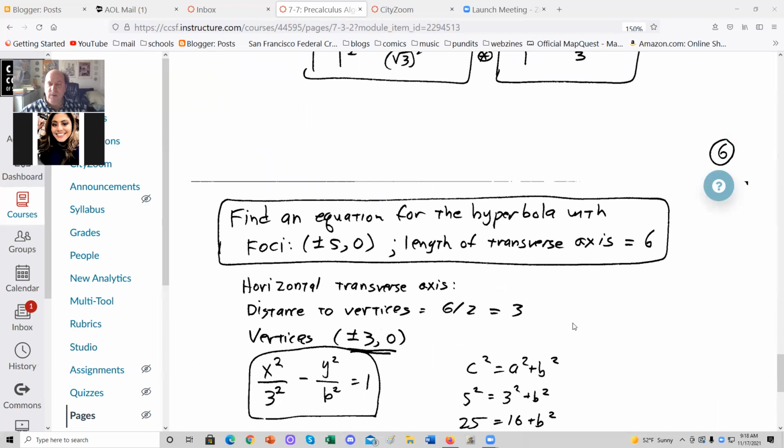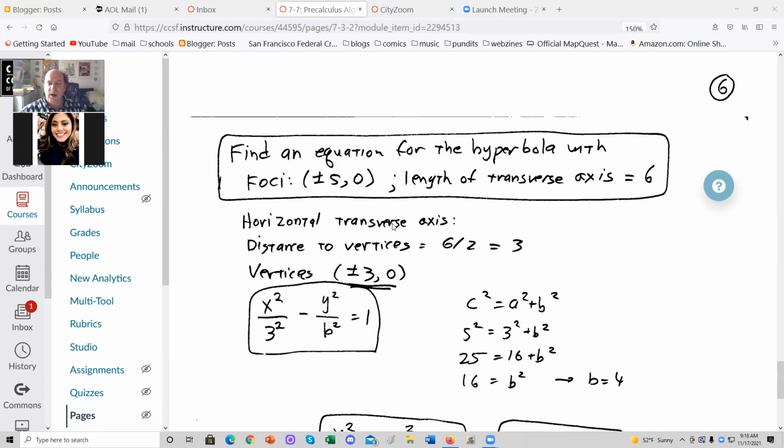Find the equation for the hyperbola with the foci at plus or minus 5 by 0. So these are on the x-axis. So x squared will be the first term. The length of the transverse axis is 6. That's the distance between the vertices, so with a horizontal transverse axis, the distance from the center to the vertices is 6 over 2, or 3. So the vertices are plus or minus 3 by 0.